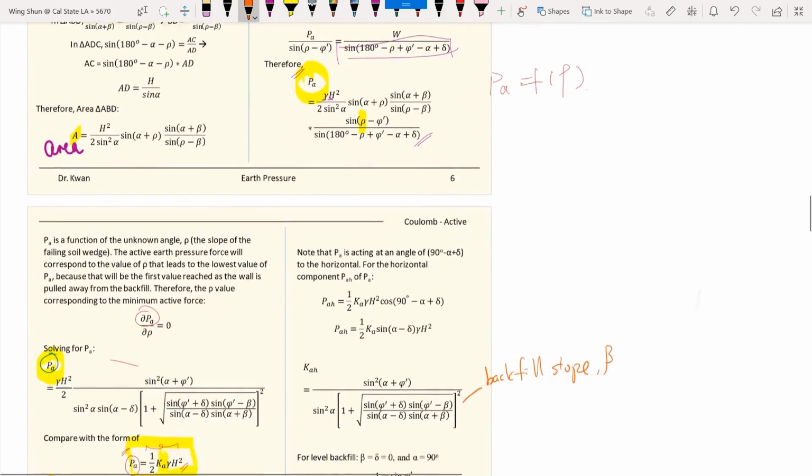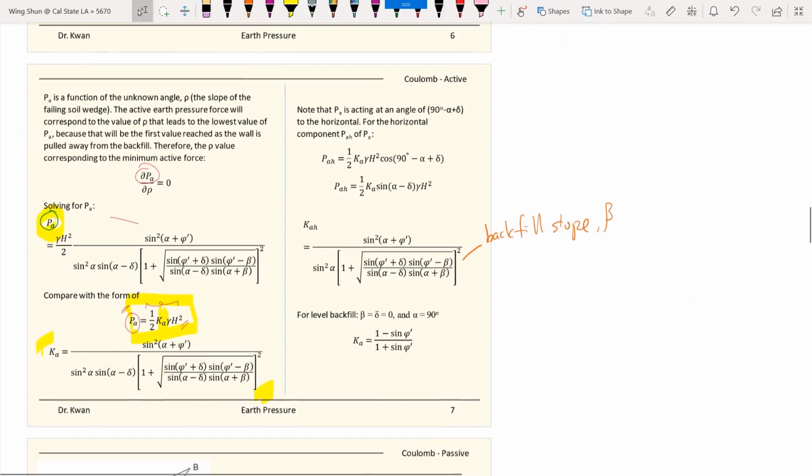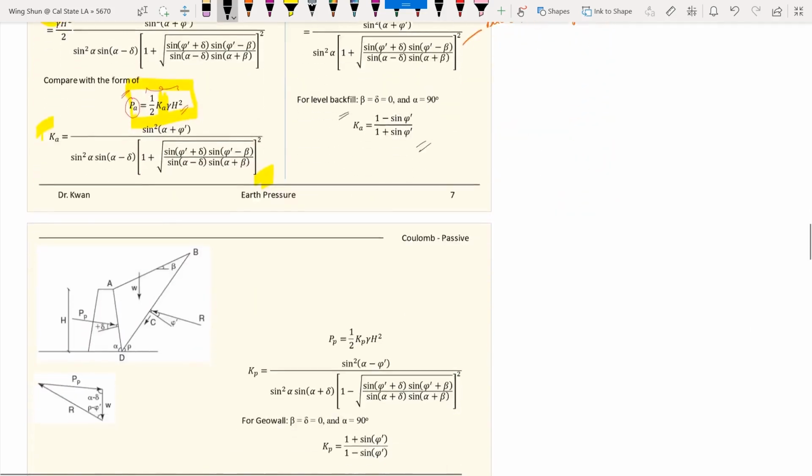In that case, if we assume this horizontal force, and also a level backfill, which means no sloping ground behind the wall, then this is the K sub A through the Coulomb method. So the K naught is understandable, but now this is the K sub A, the active stress.